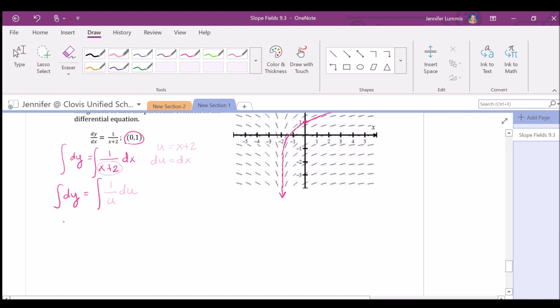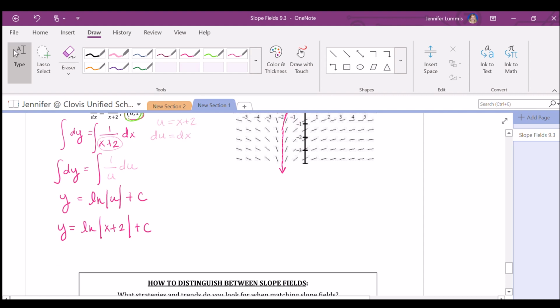All right, so we now have y is equal to the natural log of the absolute value of u plus c. We'll replace u with x plus 2 plus c. And now for the initial condition. So I'm going to take 0, 1 and substitute them in for x and y here in the problem.